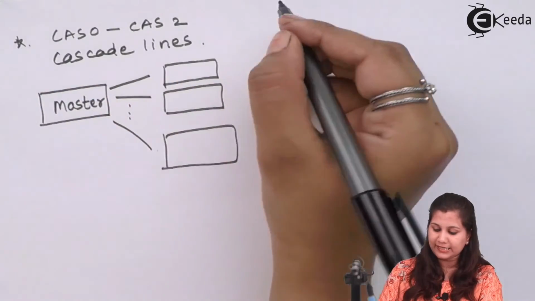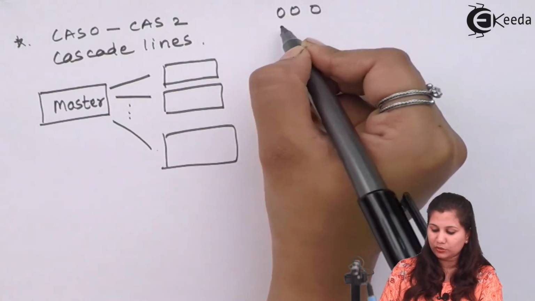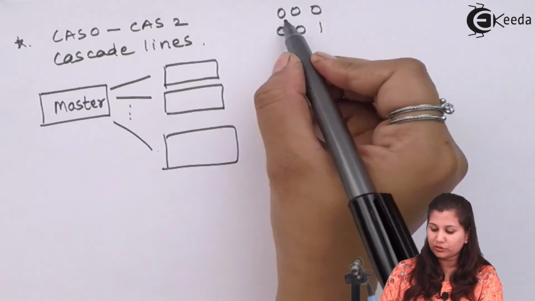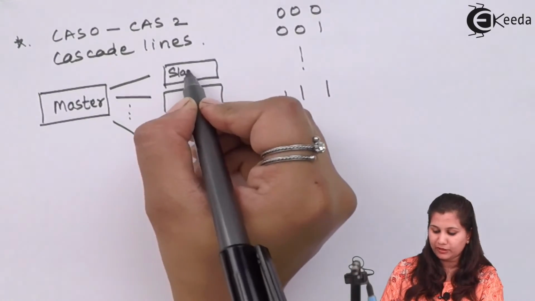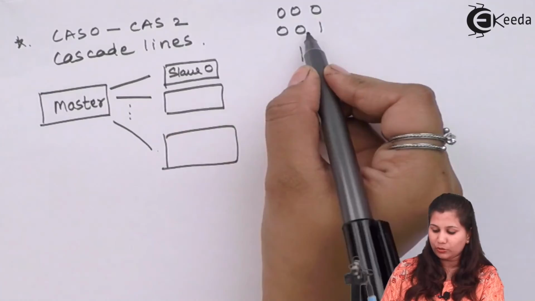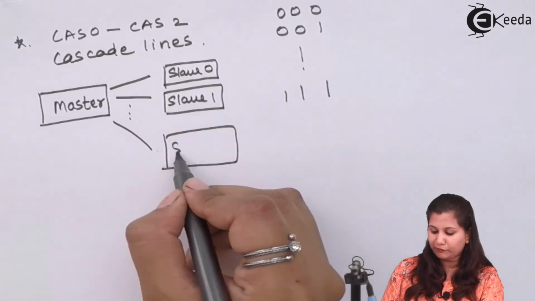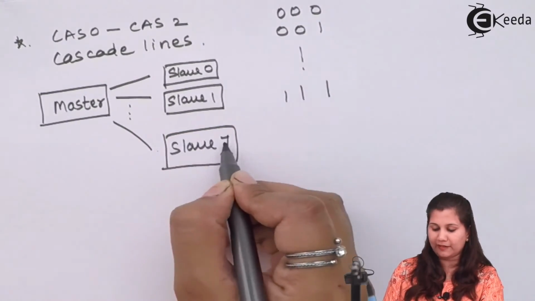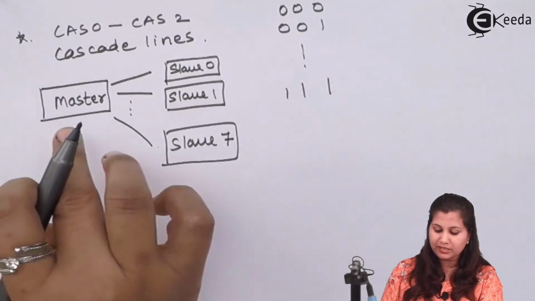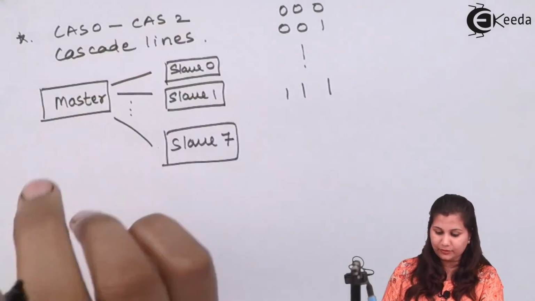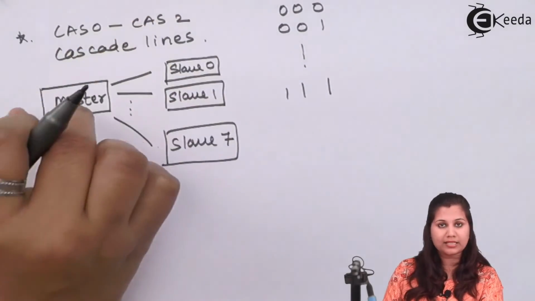These 3 lines can have combinations from 000, 001 till 111. So 000 is for slave 0, 001 is for slave 1, and 111 will be for slave number 7. In this way the master can identify the slaves using these 3 lines. Now this is for the master IC.